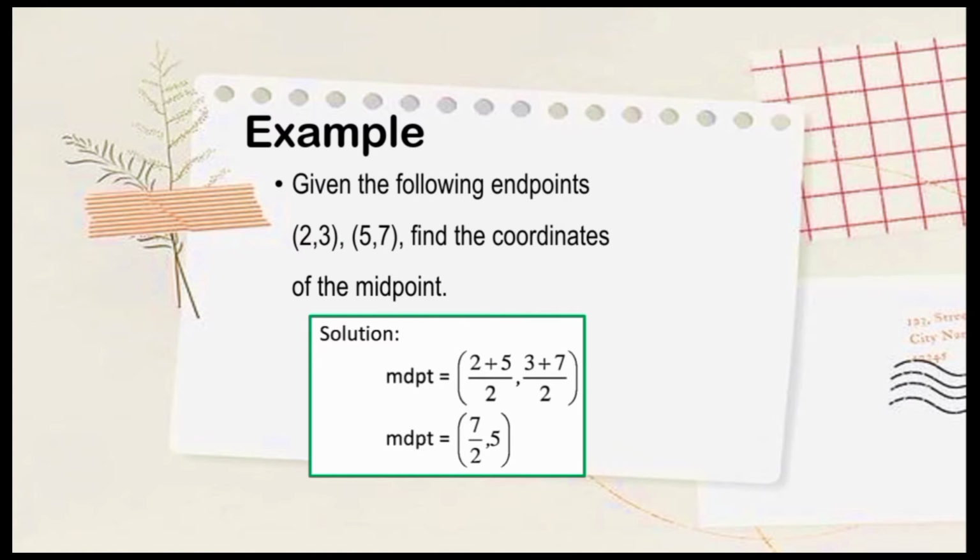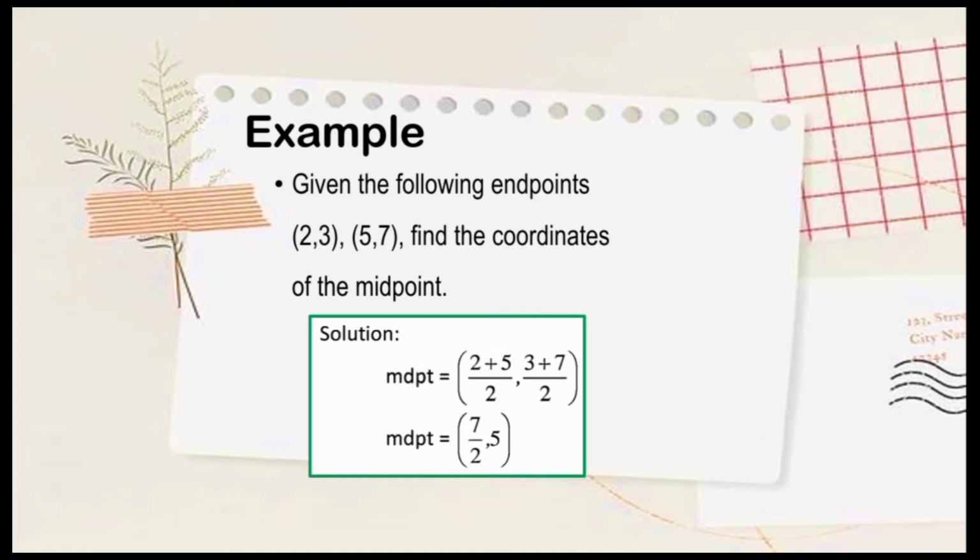While y sub 1 is 3, then y sub 2 is 7, then divide by 2. So we have midpoint is equal to 2 plus 5 is equal to 7 divided by 2. So we have 7 over 2.